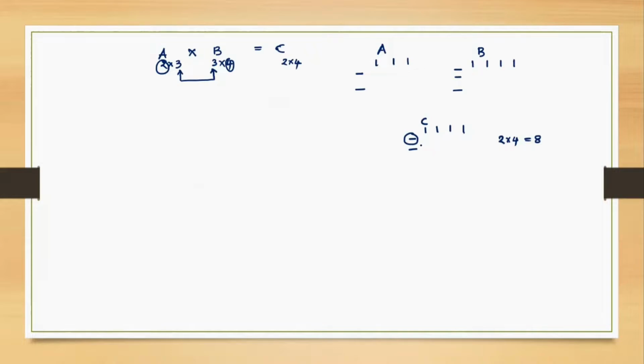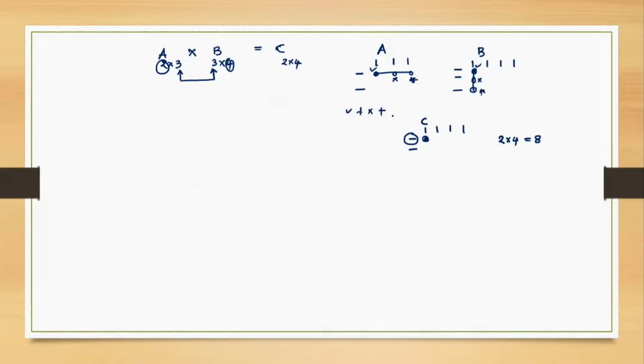Now we should know how many multiplications are required to get the first element of C. We just focus on the total number of columns of A, which is 3, and the total number of rows of B, which is 3. So to get the first element of C, we need to multiply the first row, first column element of A and the first row, first column element of B. This one and this one need to be multiplied, plus this one and this one, plus this one and this one.